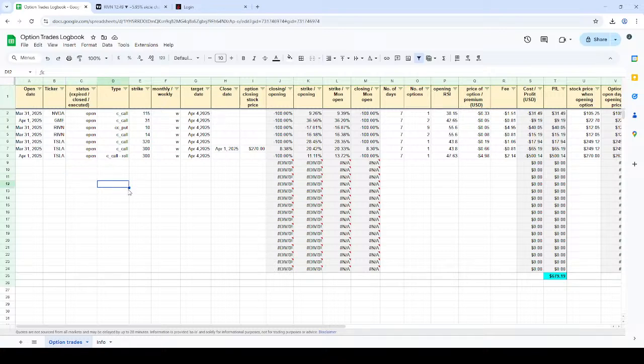And yeah, that's the portfolio. I will be getting more stocks in the portfolio, but for now, I have 4 stocks.